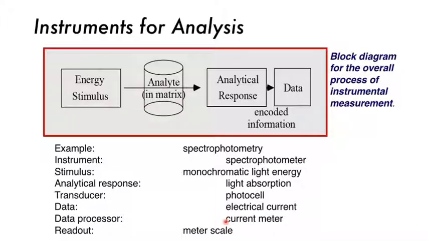So basically what's happening here is that some light from our energy stimulus is being absorbed by the analyte that we're interested in. Then we're getting a response and converting that into electricity. And so what we're actually measuring is electricity. I know we're using light and sticking our sample in the light and everything involves light, but what we actually measure when it's coming out is an electrical signal.